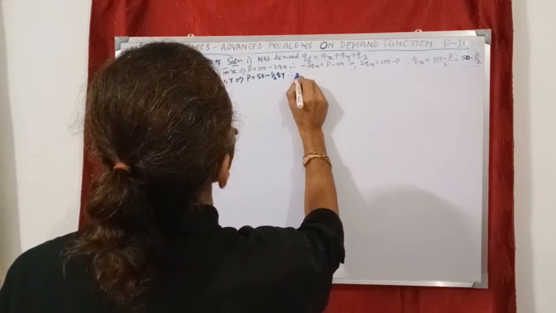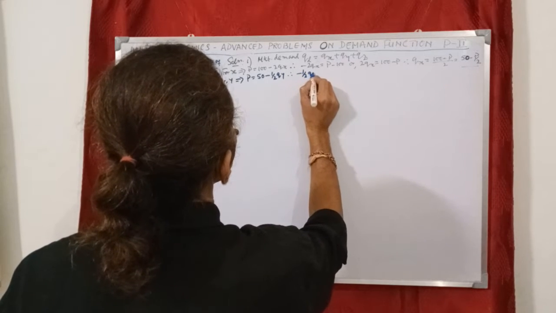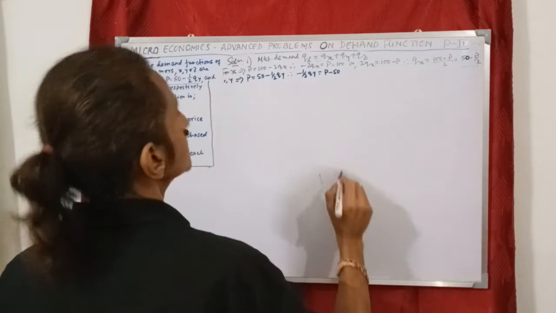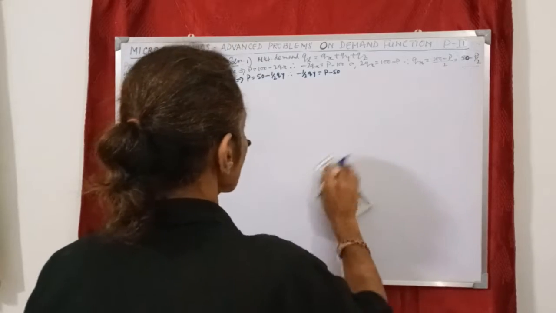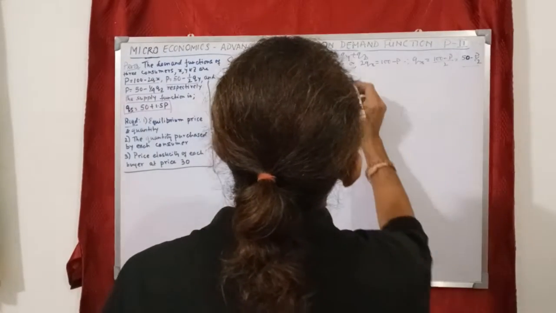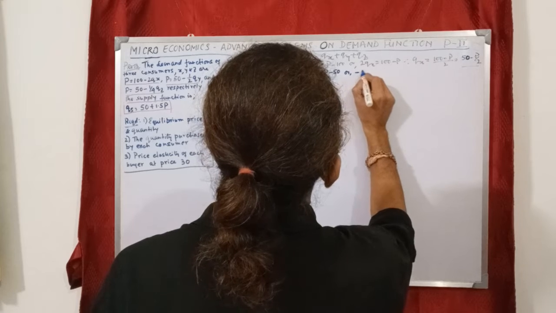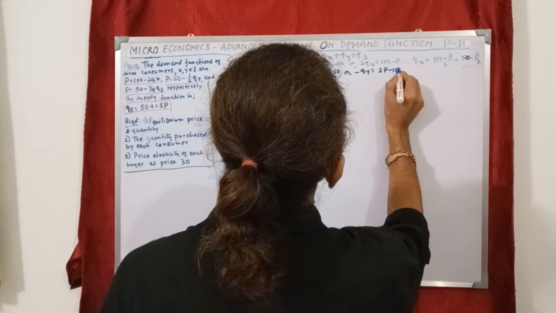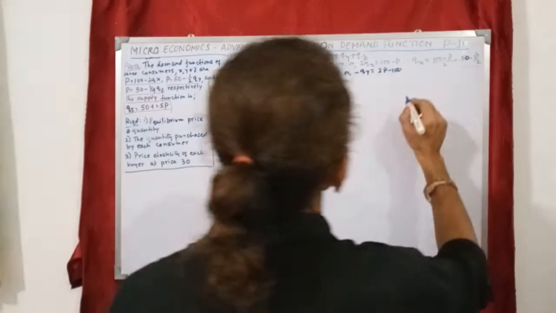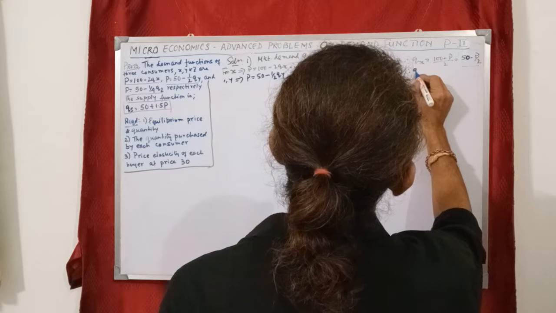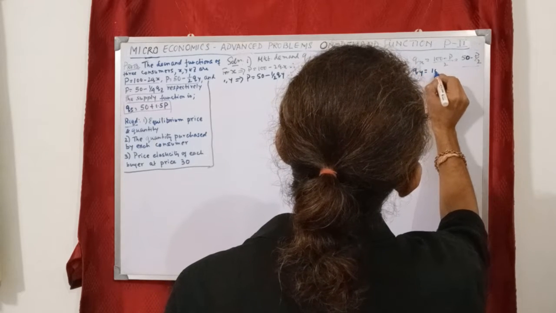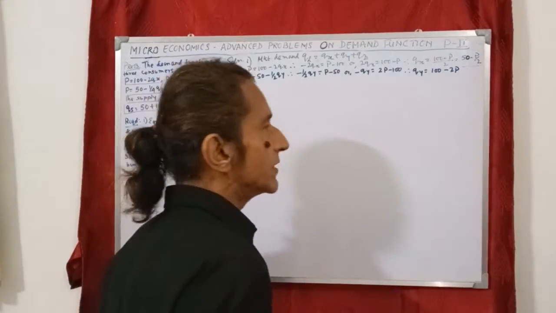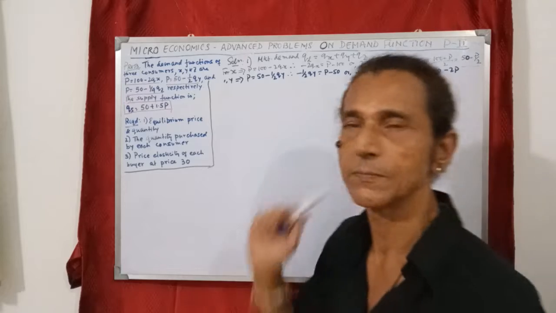Therefore, minus 1 by 2 qy is equal to P minus 50, or minus qy equals 2P minus 100. Therefore, qy equals 100 minus 2P. So this is the quantity demanded by individual Y.